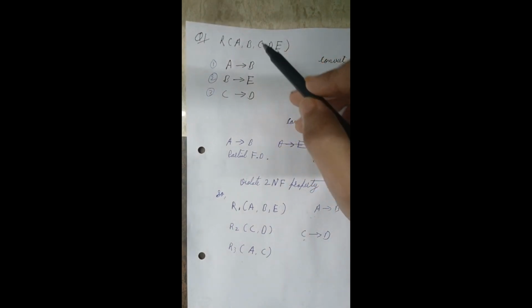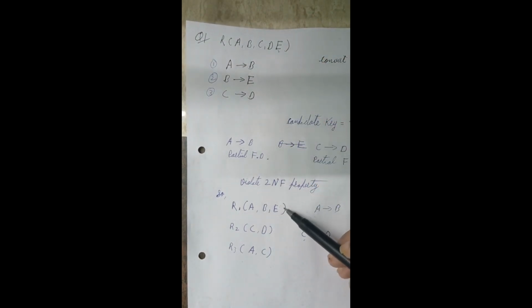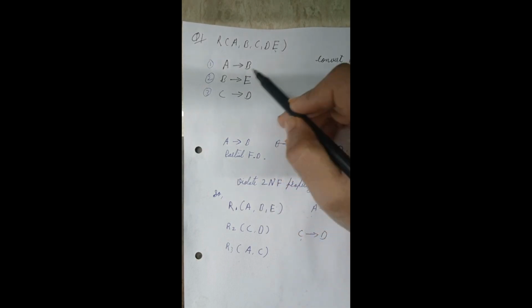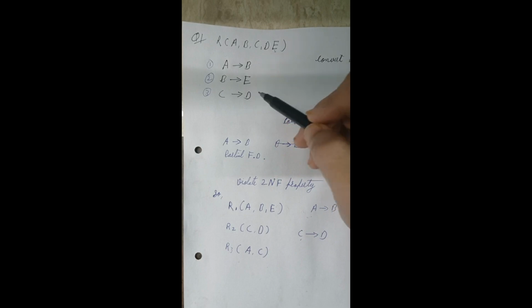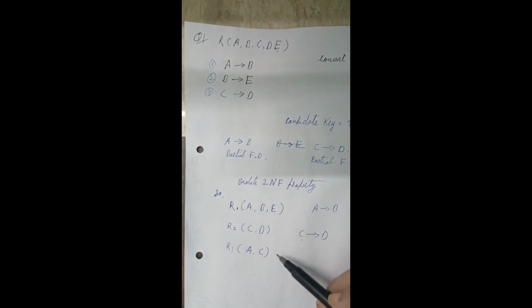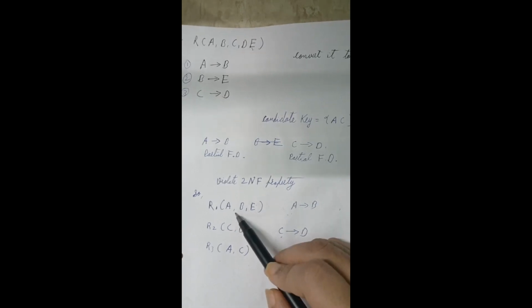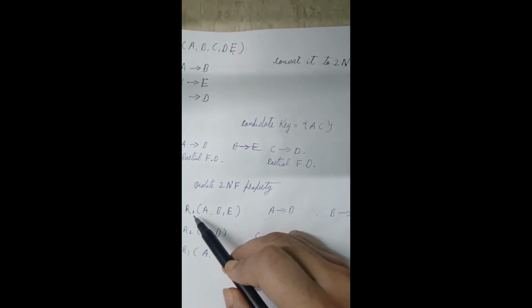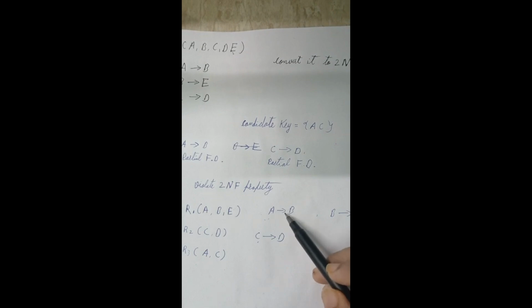Now to convert it into 2NF, we will break this relation into some number of relations. The short way to do this is that the first and third dependencies are violating it. So we will first make two relations containing those, and we will make another relation containing the candidate key. Like R1 ABE, which contains A to B and B to E. In this R1 relation, A is the candidate key and there is no 2NF property violation.